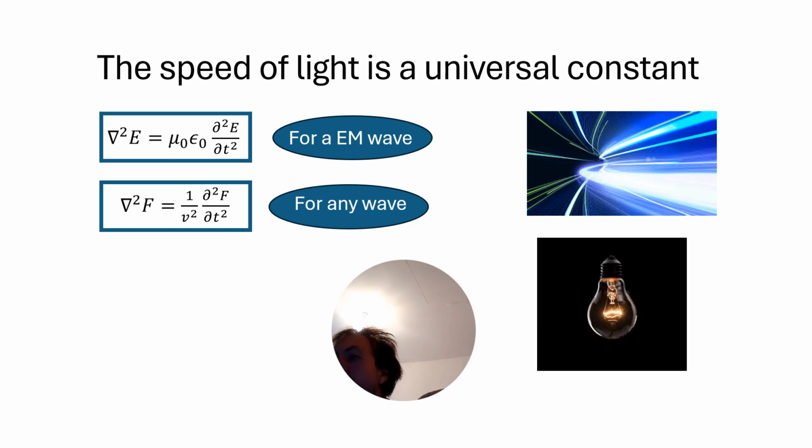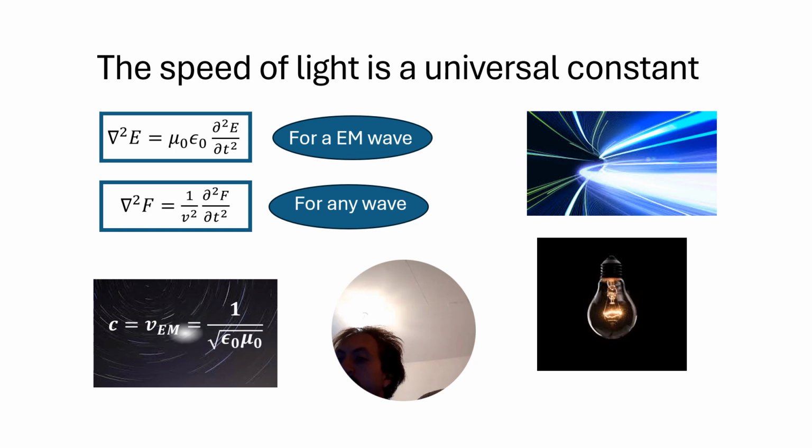And so, rearranging a bit, we can say that v for the electromagnetic wave, which has the symbol just c, because this speed is very special, is just equal to 1 divided by the square root of epsilon naught mu naught. And as I said before, if you take mu naught and epsilon naught to approach 0, c will approach infinity. And equally the reverse is true.